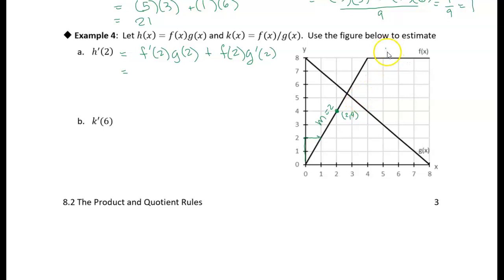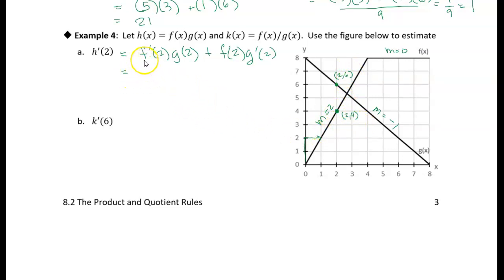Up here it looks like the slope is equal to 0, just in case we need that. The slope of g of x looks like it's minus 1. And we can also get the value of g of 2, right? Because we come up here and we have this point 2 comma 6. Okay, so I think that's basically all we need.